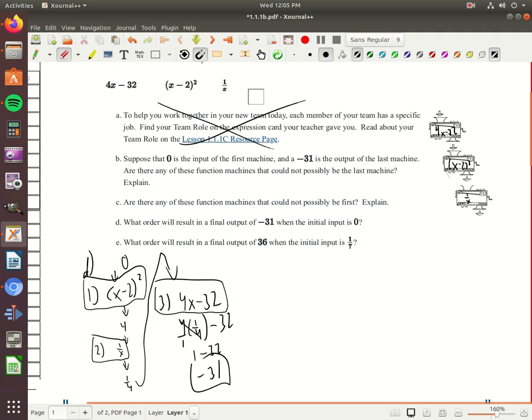If we were to look at E, we know that we want to plug 1/7 into the first machine. Well, I'm going to plug it into the 1 over x machine. Now, this is going to be a little bit interesting, so I'll plug this in. We get a triple stack. We're going to get 1 over 1/7.